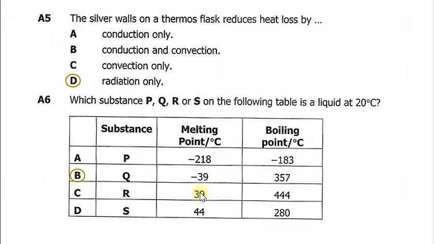But the next one will start melting at 39 degrees Celsius. Look, 39 is above 20, so at 20 it is still a solid because it melts at 39. So this is not the option. This is again 44, which is already beyond 20. So at, let's say, 43, it is still a solid. It hasn't actually melted. So the best answer is B.